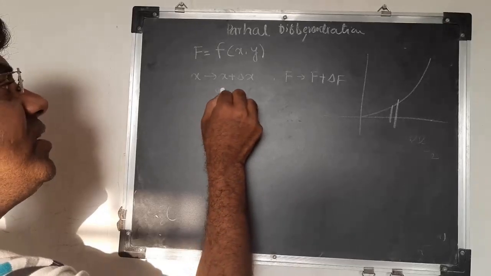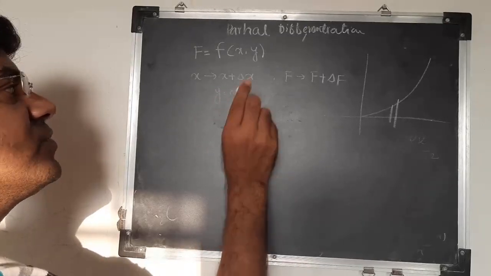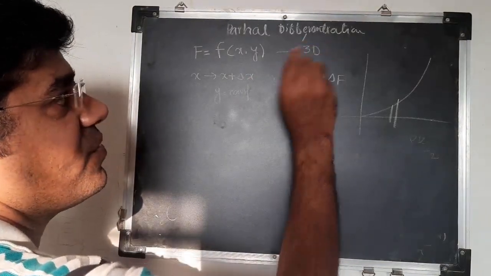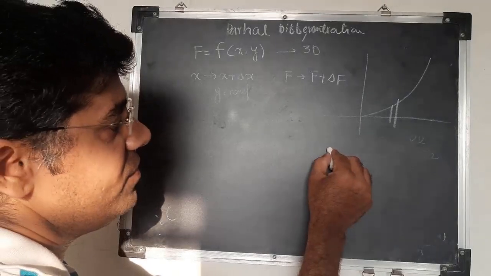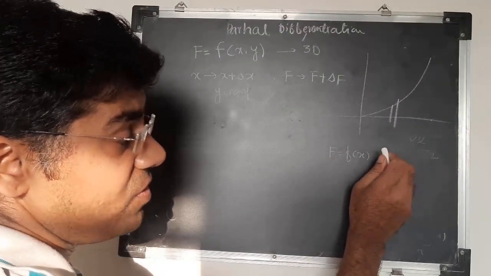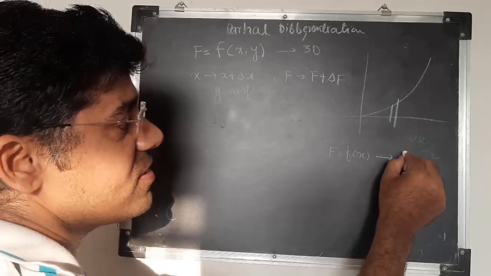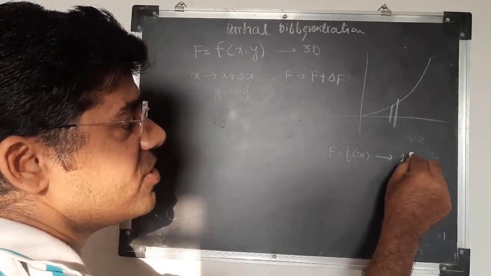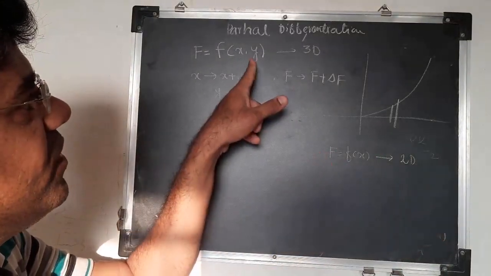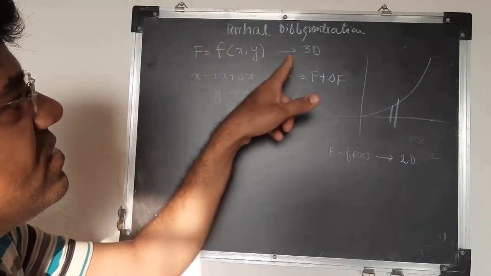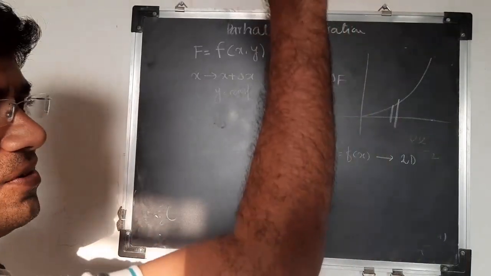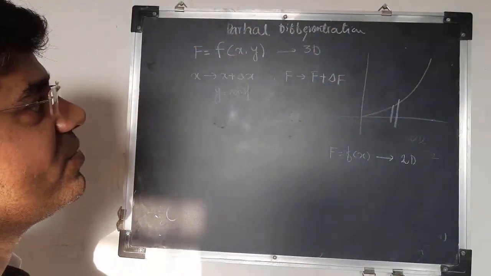Please remember y is constant here. Okay, so this represents a 3D graph, and if your function is f of x only, then this is two-dimensional, this represents a 2D graph. If your function depends upon two variables, then this is your three-dimensional picture, so x quantity, y quantity and z quantity, or you can write your f quantity.